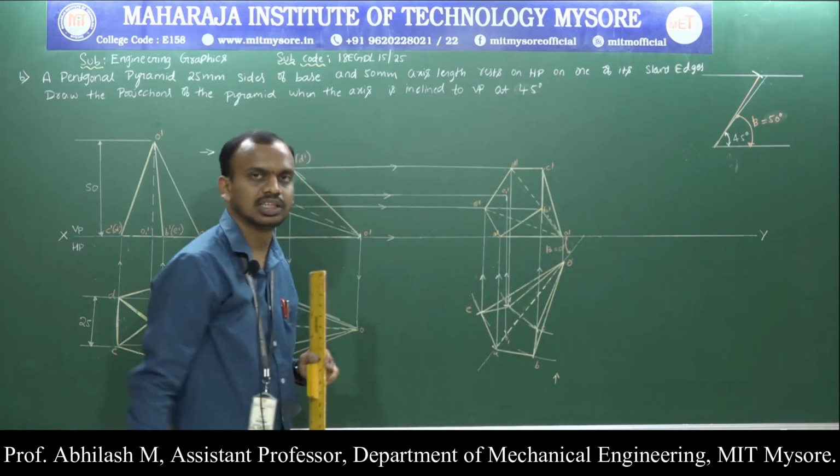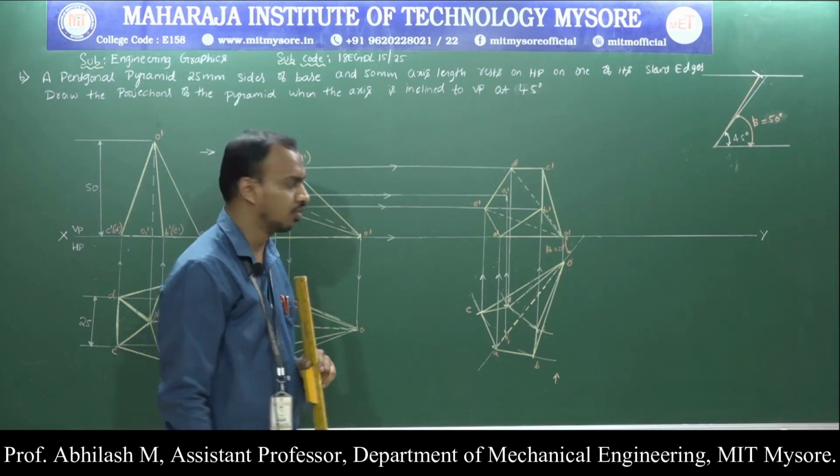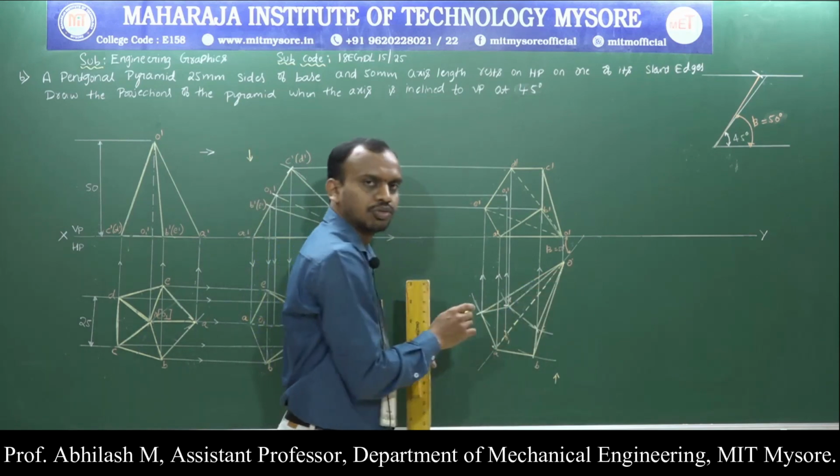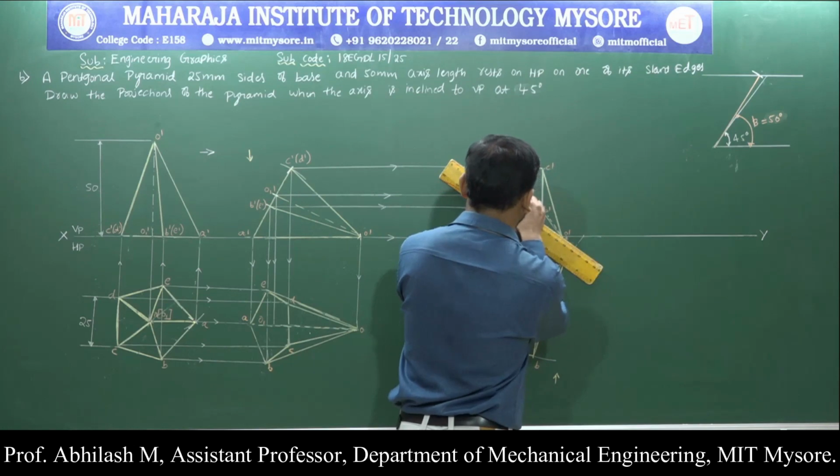Now are we done with all the sides? Yes, we are done with all the conditions that they have specified, but we have not represented the axis. So for that, indicate from O dash to O1 dash.